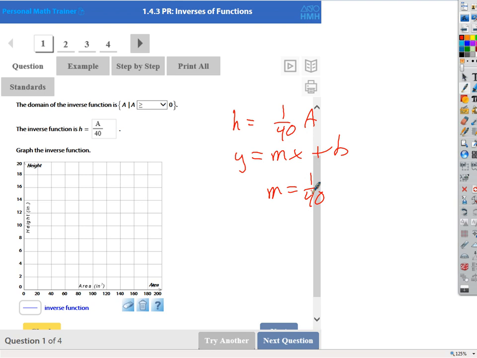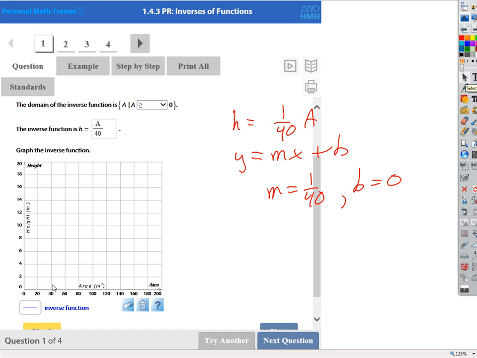And what's my y-intercept? 0, it doesn't show up, right? So all I've got to do then is just graph a line with a slope of 1 over 40 and a y-intercept of 0. So I could go up 1 and over 40, but that's not very convenient because it doesn't fall on the corners of the graph paper.